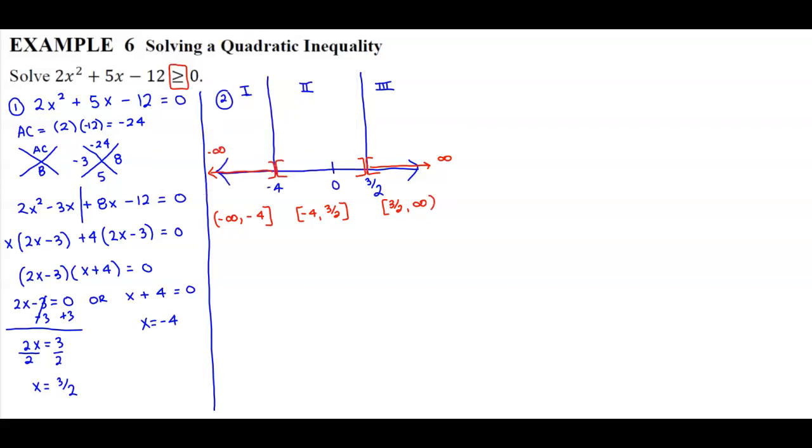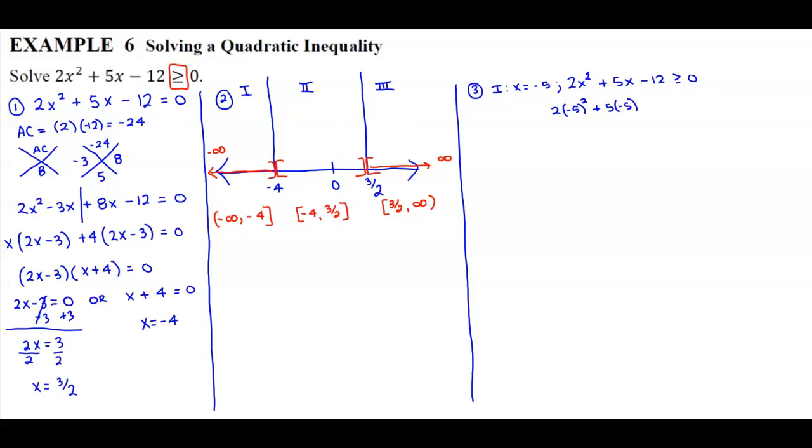Okay. So now we're going to move on to step number 3. And so step number 3, we want to find out testing points to determine where it is true. So if we take a look at region number 1, to the left of negative 4, we're going to pick x equals negative 5, and then we're going to plug it into the original inequality in the question. So we have 2x squared plus 5x minus 12, and we want to see if it's going to be greater than or equal to 0. So 2 times negative 5 squared plus 5 times negative 5 minus 12.